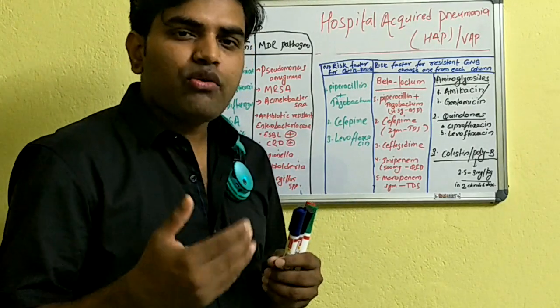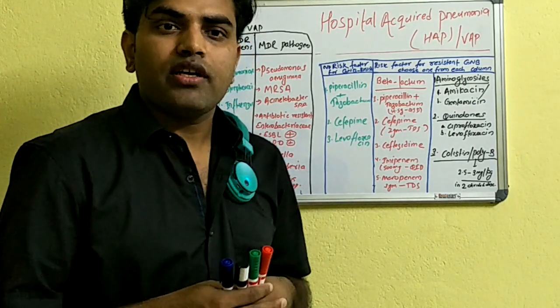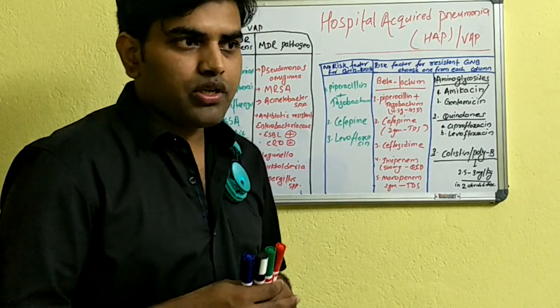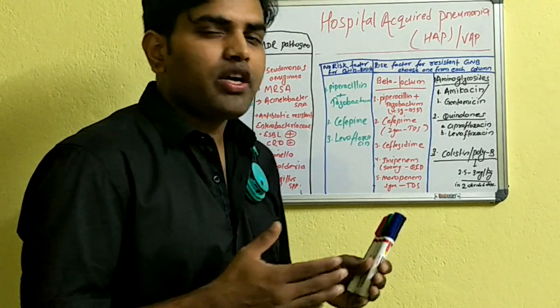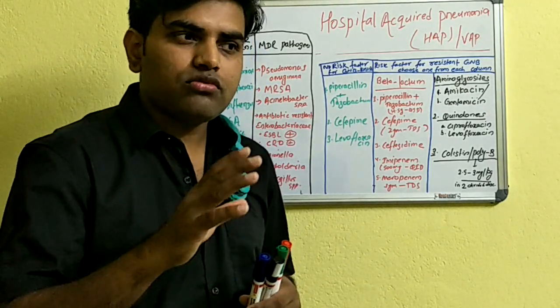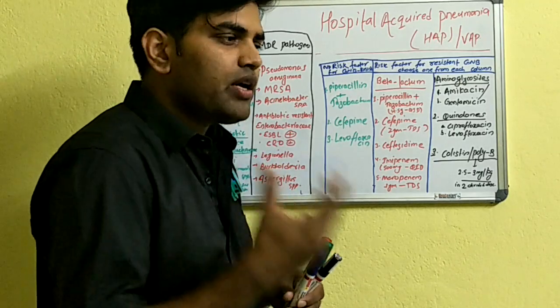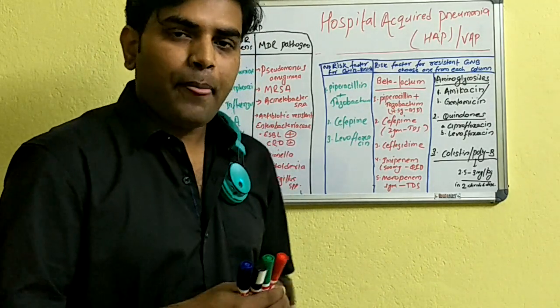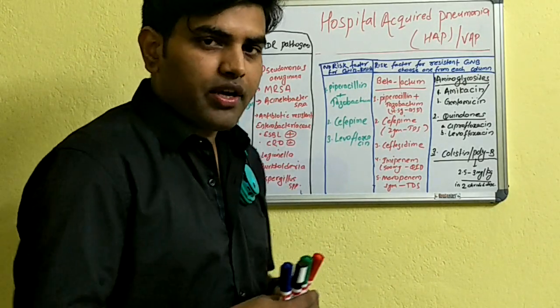These are conditions where there will be changes in the radiological findings as well. In that condition we may also diagnose VAP. So we may overdiagnose ventilator pneumonia in the ICU.